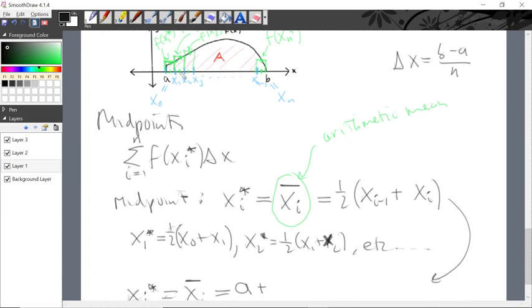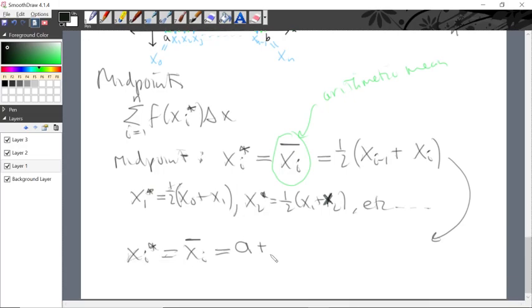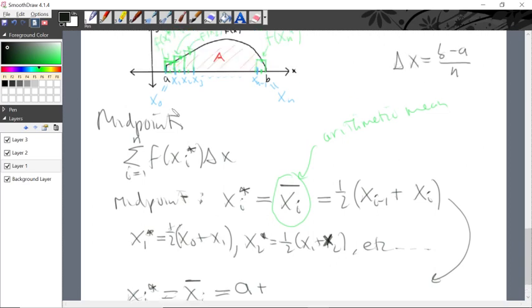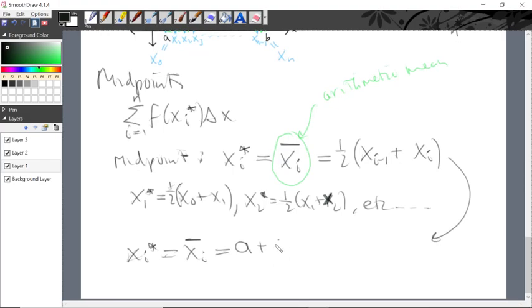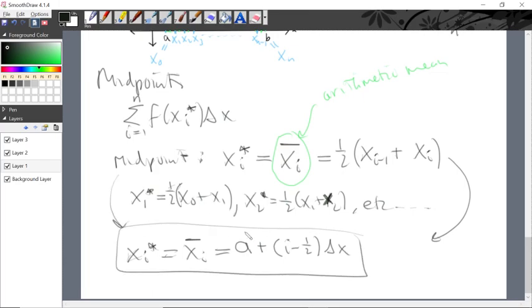But the next one over, like x2 star, would be a plus 1.5 delta x's. Okay, so in general, our xi stars would be, well, let's say i is equal to 2. If i is equal to 2, then we would be adding 1.5 delta x's. So I would say i minus 1/2 times delta x then. There we go. That's using midpoint.